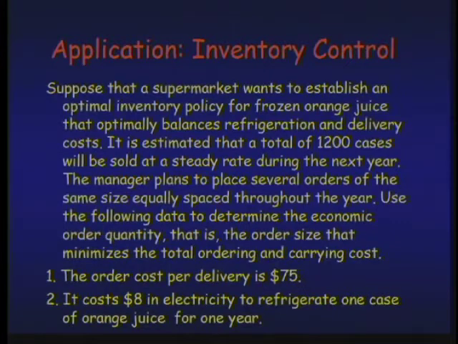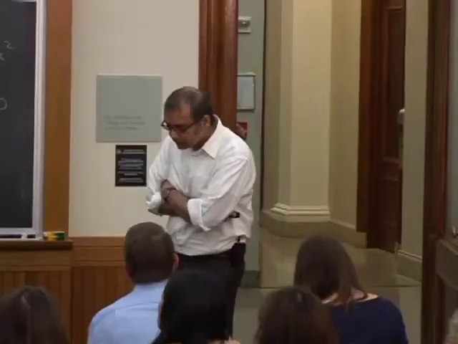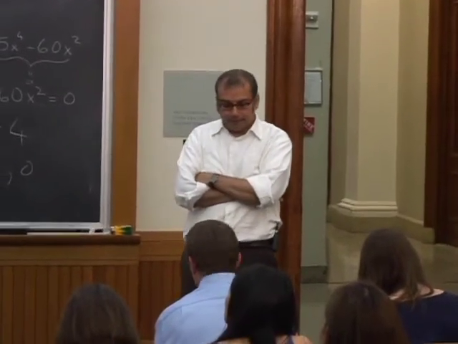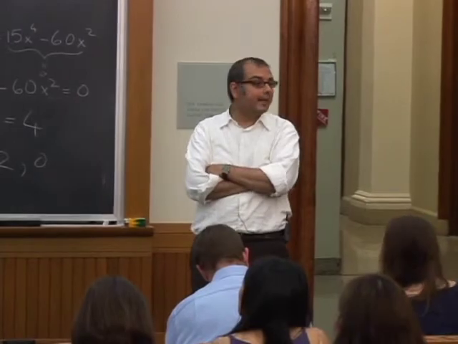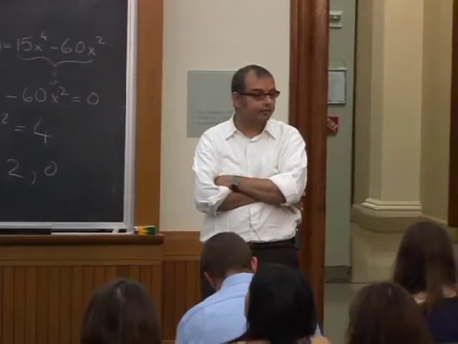Okay? So suppose you have a supermarket that wants to establish an optimal inventory plan for frozen orange juice that balances refrigeration and delivery costs. So the idea is that if the supermarket gets deliveries every day based on its expected daily demand, then it won't have to store very many cases of orange juice in the refrigerator.